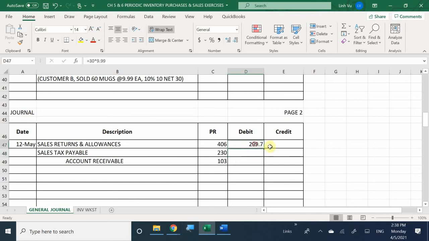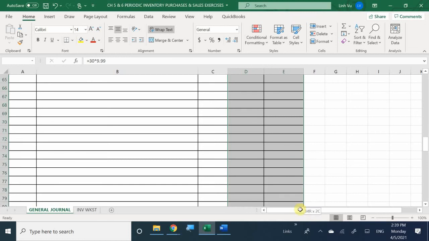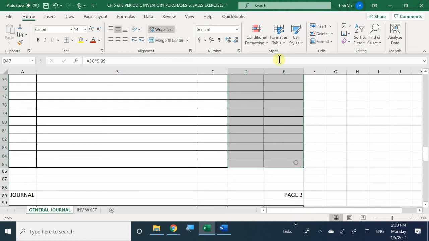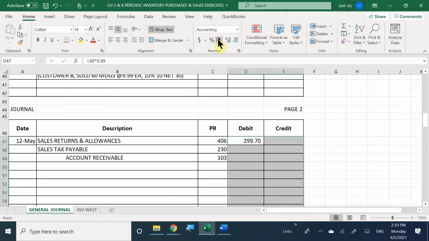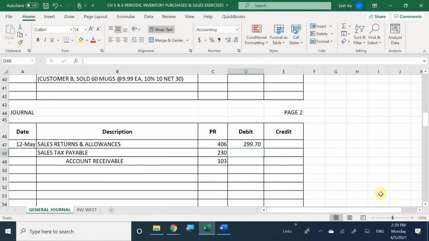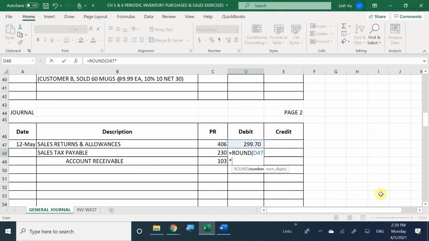So, how much tax am I going to be returning to customer B? $24.73.